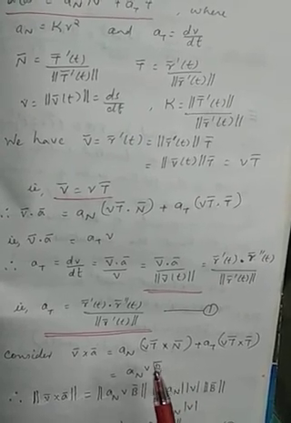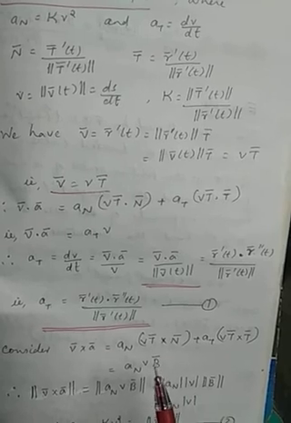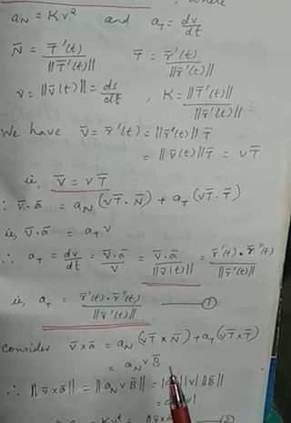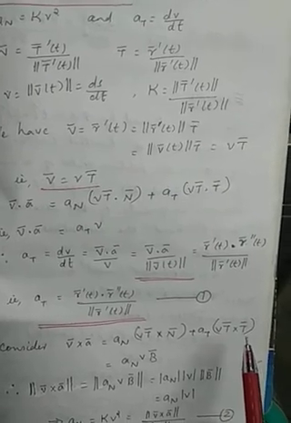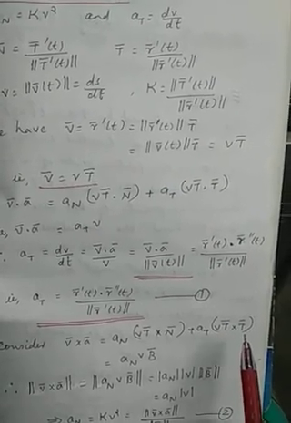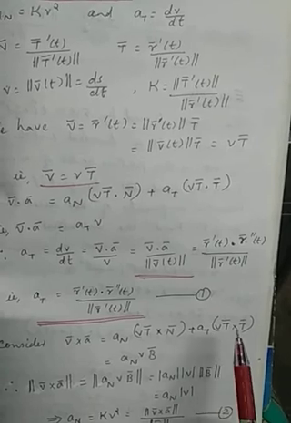We know that t cross n is equal to vector B, the binormal vector, plus here we have t cross t, which is equal to 0. So the second term becomes 0.